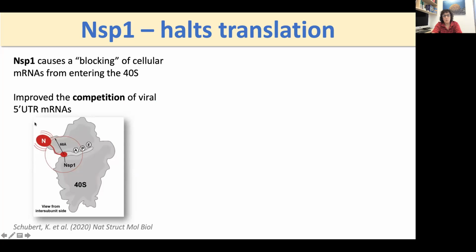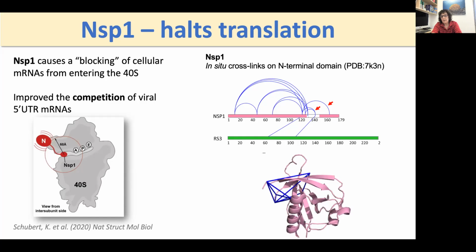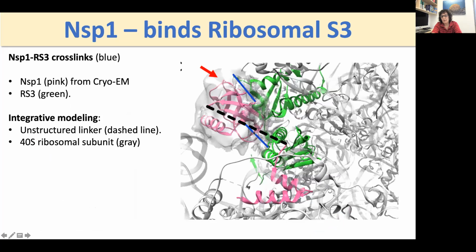Now, NSP1 is known to halt translation, and indeed we were able to show, using these pairs of cross-links, this structure here that I'll show you on NSP1. Moreover, we found that it's bound nicely by this line, as you can see here, to the ribosomal S3.